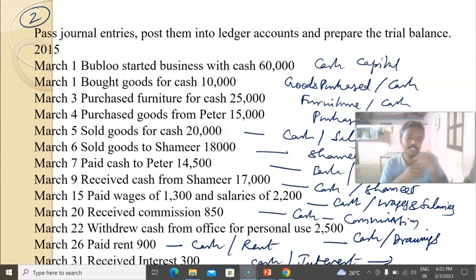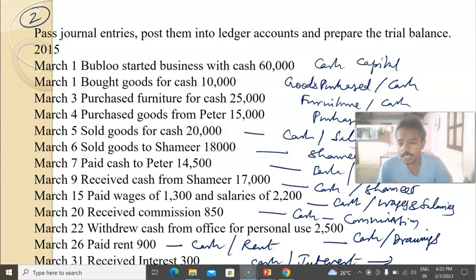But while writing the correct journal entry, instead of capital, we use Bablu's drawings account. So I will rewrite the journal entry now. Bablu's drawings account debited rupees 2,500 to cash account rupees 2,500, being cash withdrawn from office for personal use.